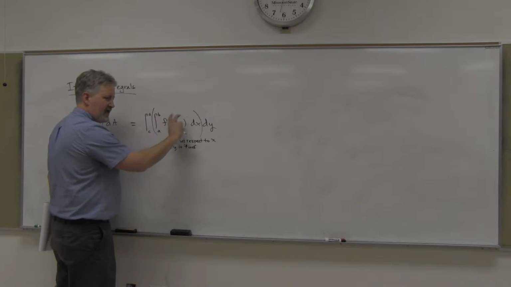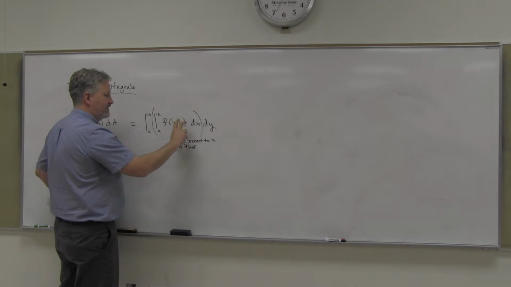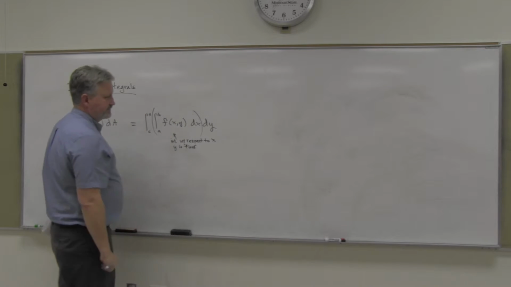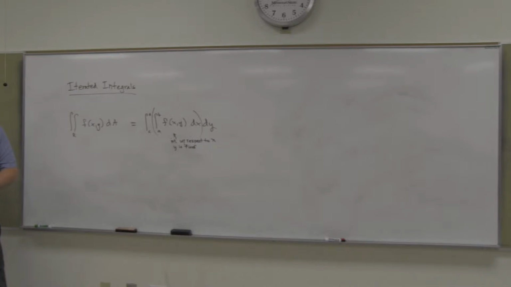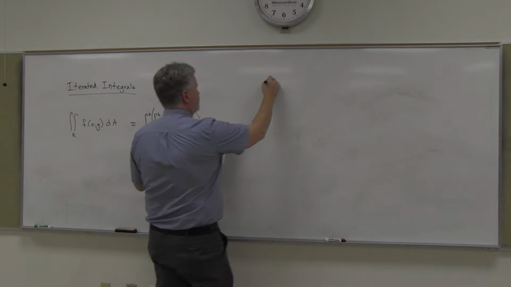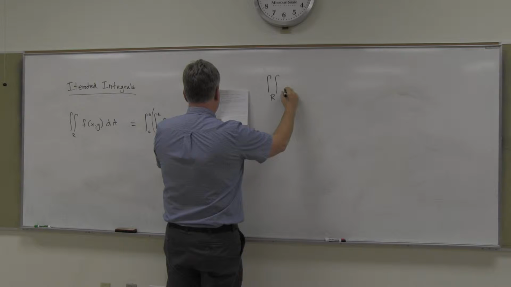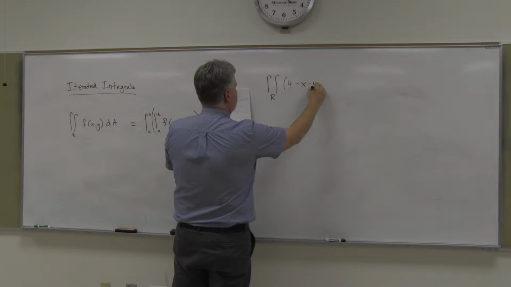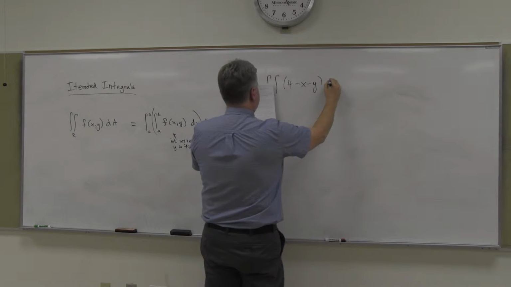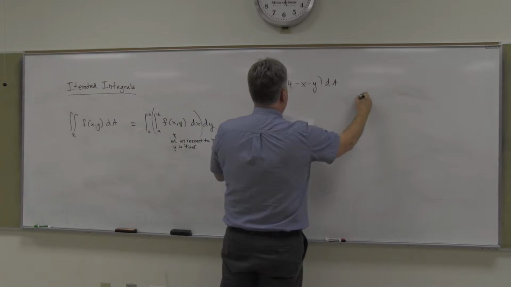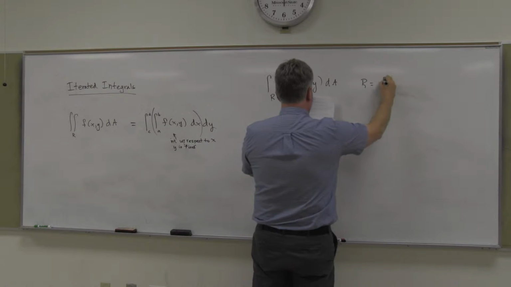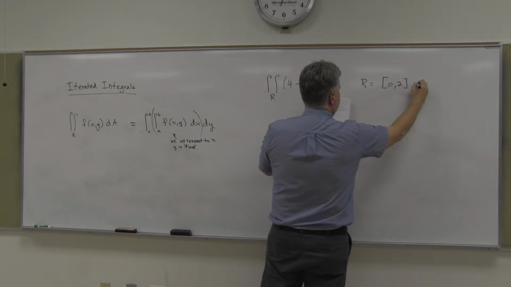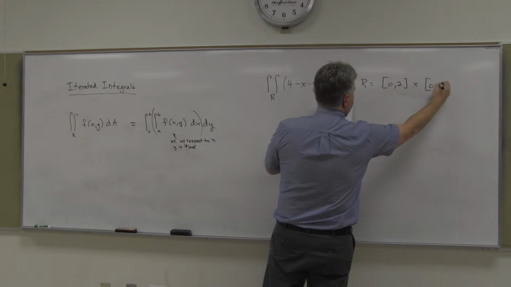Let's just do one and show you what we mean as we go along. Let's say I've got the double integral over this rectangular region R of the function 4 minus y minus x dA, and R runs from 0 to 2 by 0 to 1.